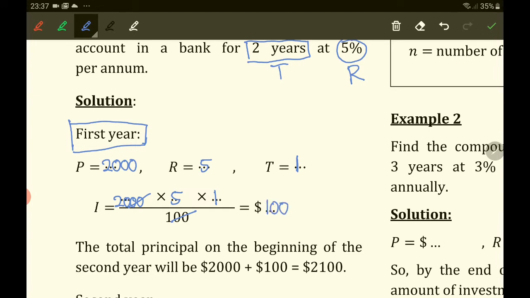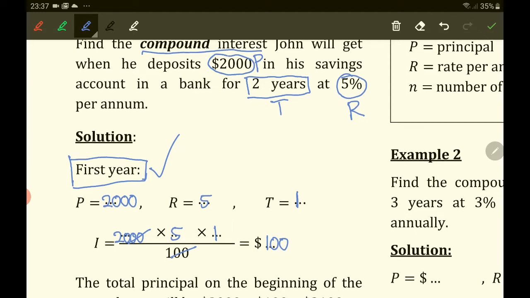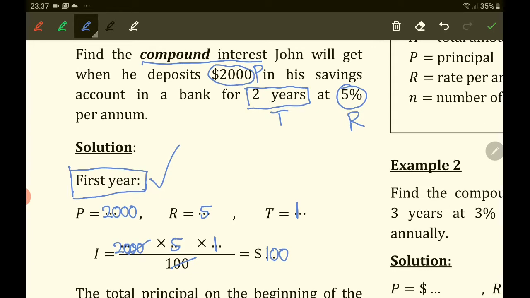So the conclusion is that after 1 year, John will have an extra $100 for the interest.